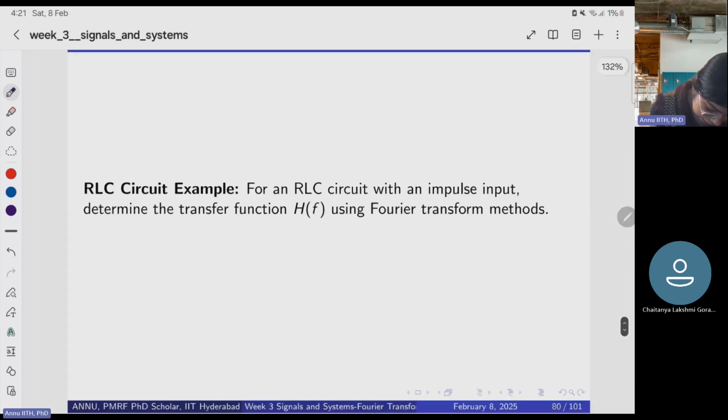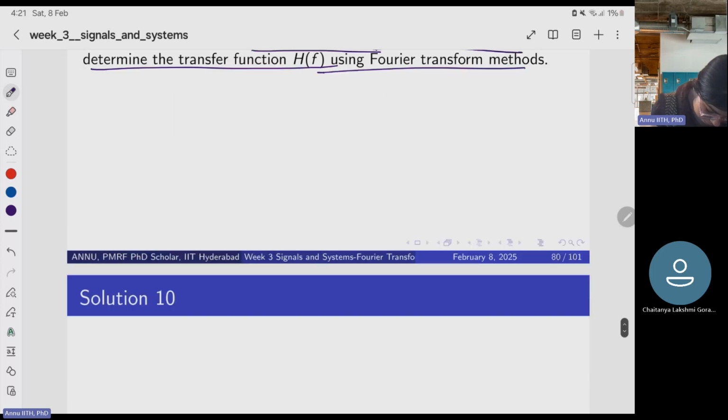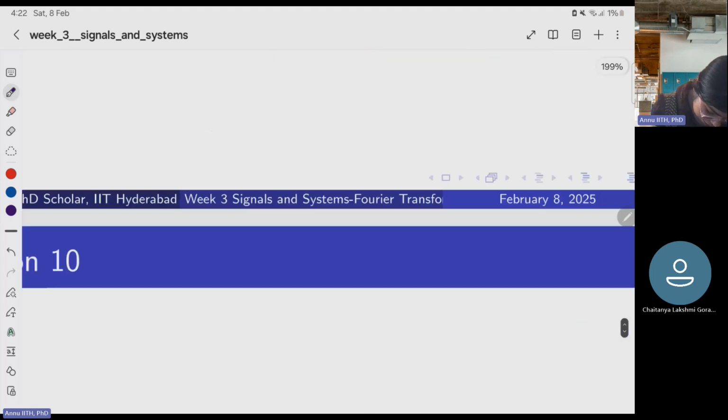Last question. For an RLC circuit with an impulse input, determine the transfer function H(f) using the Fourier transform methods. Suppose you have an RLC circuit.